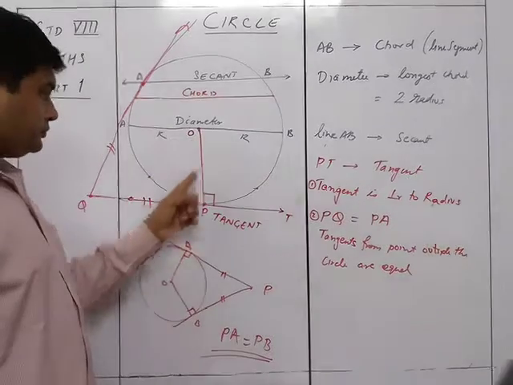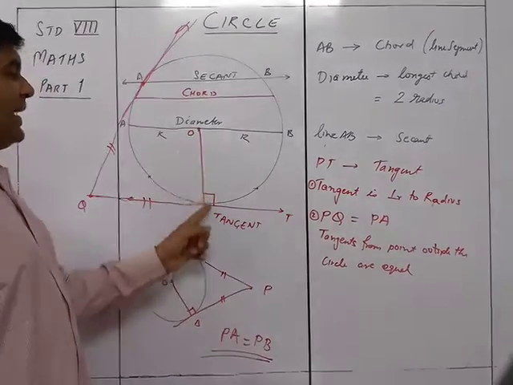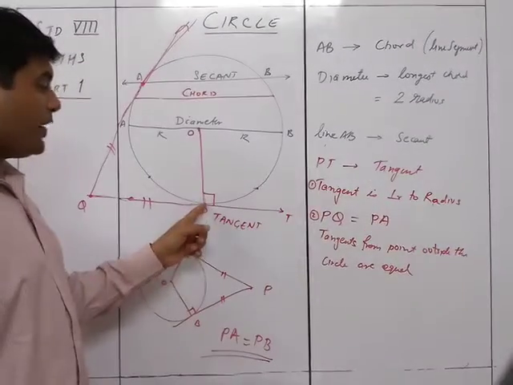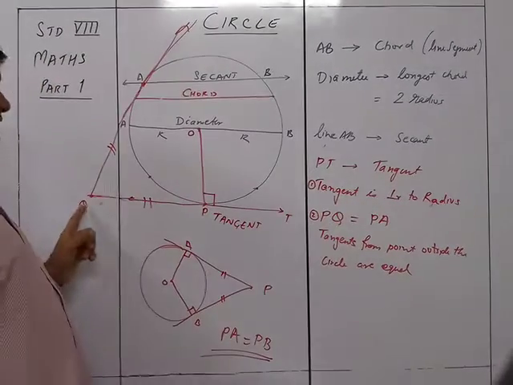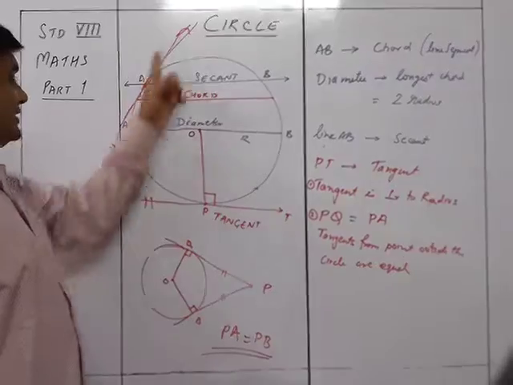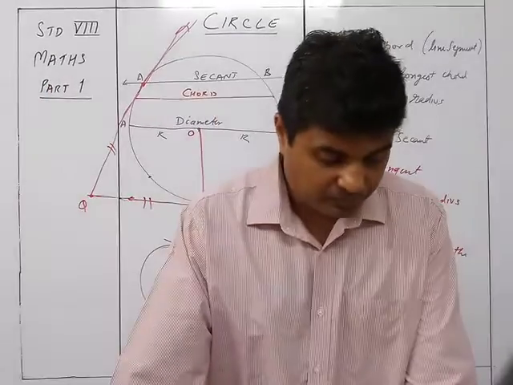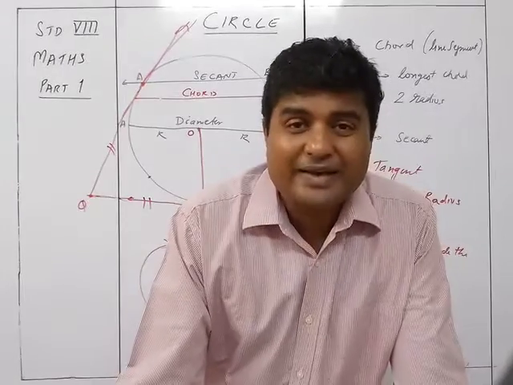There is only one line OP which is perpendicular to this line. That's why only one tangent can be drawn at a point on the circle. But outside the circle, I can draw two tangents, one like this and one like this, and they are always equal in size. So that was about the tangents.